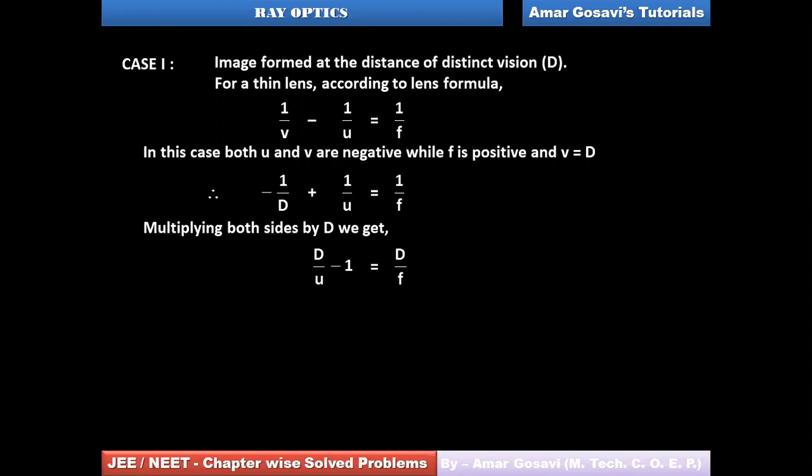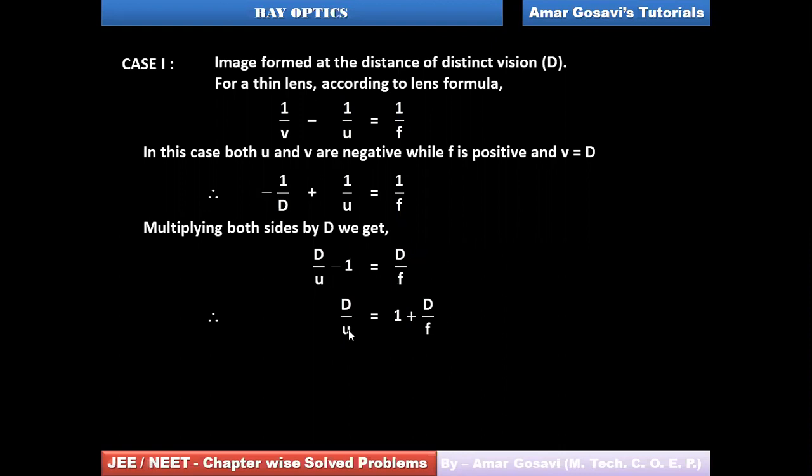This is just an adjustment, friends. Check out the adjustment. I'm just multiplying both the sides by D, keeping the effect of the equation the same. So D by U can also be replaced as 1 plus D by F. In the previous formula, magnifying power was given by D by U, if you all remember.